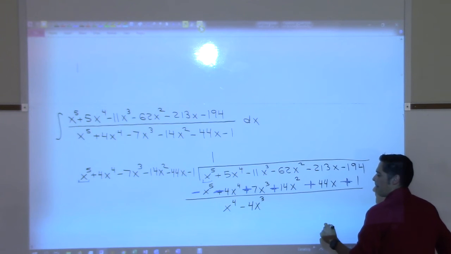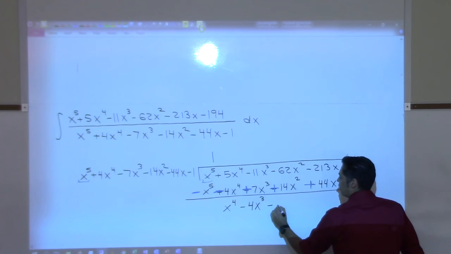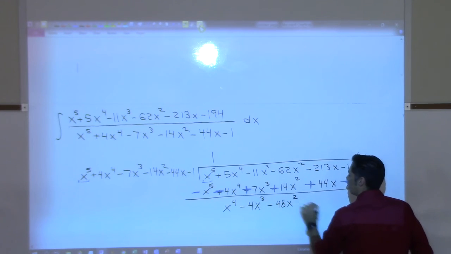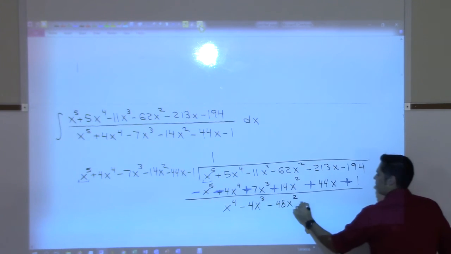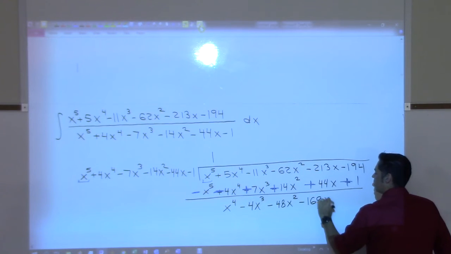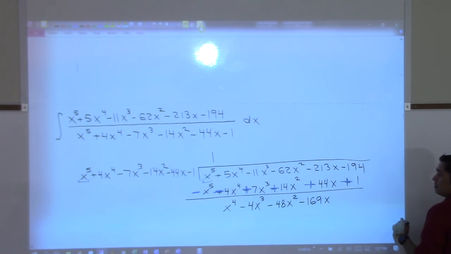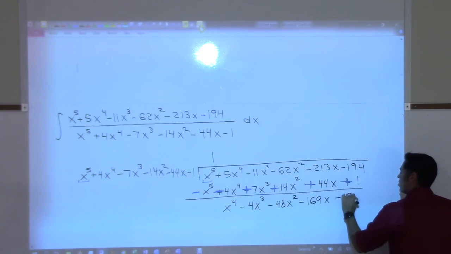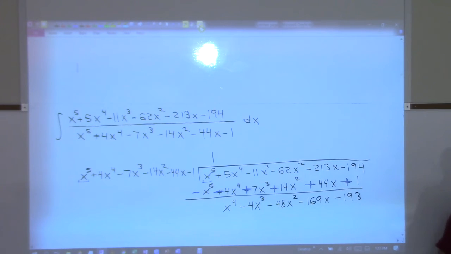Negative 48x squared. Negative 169x. Minus 193. Okay, how's that? That is pretty.